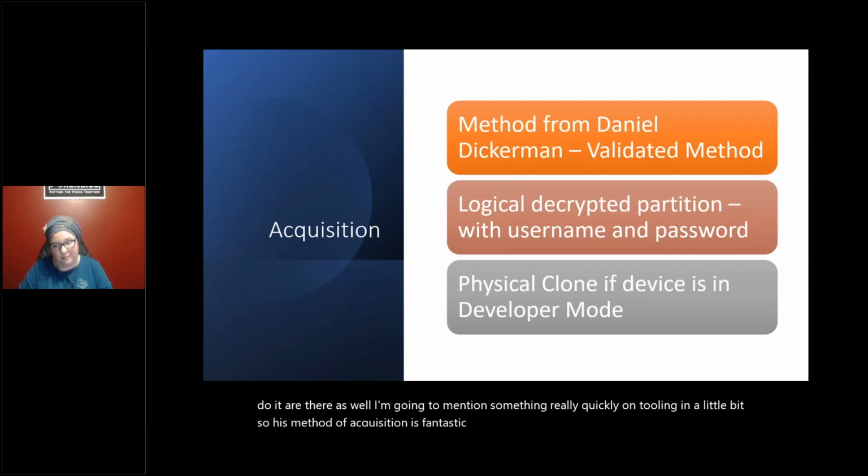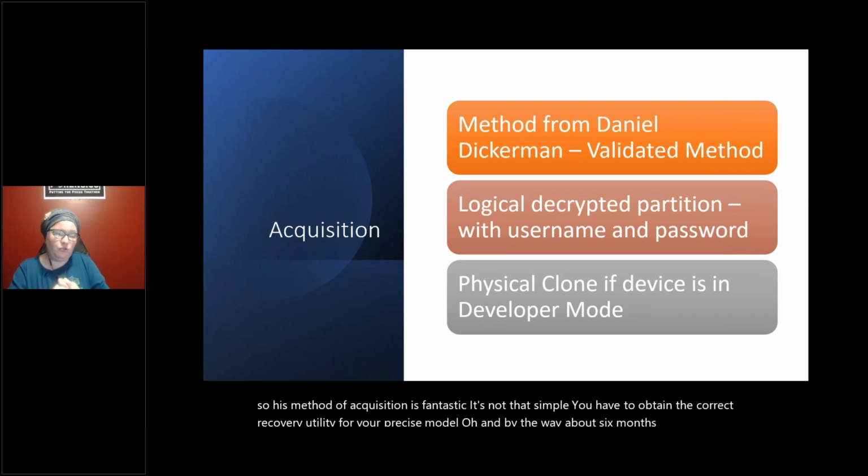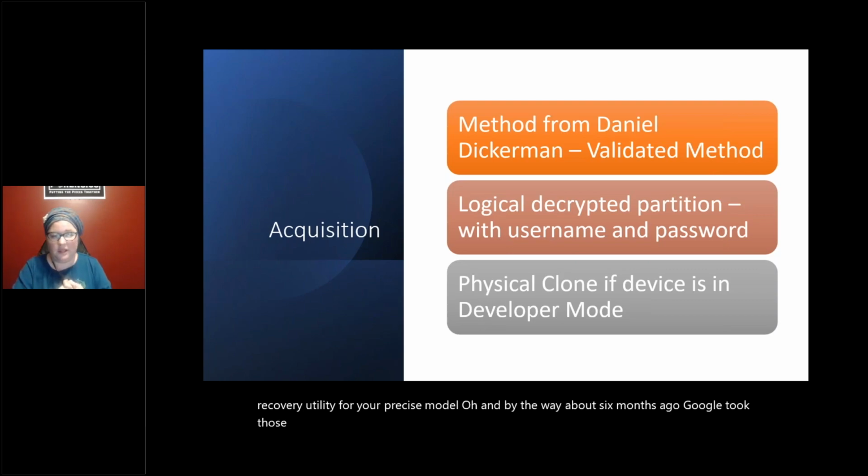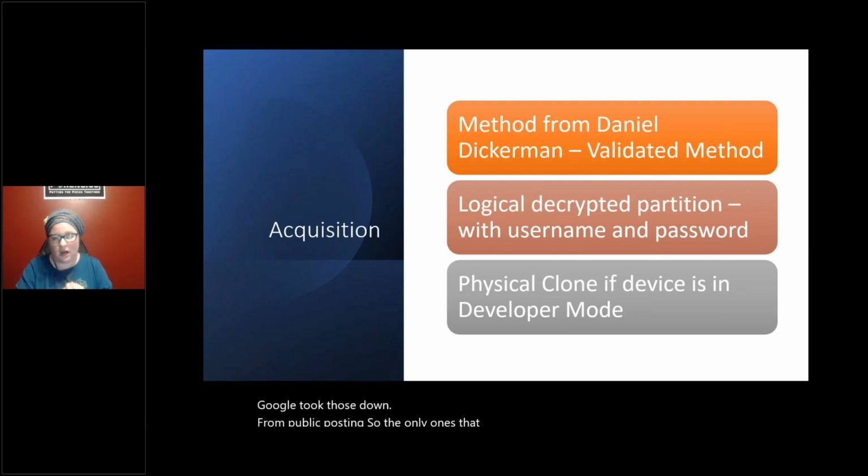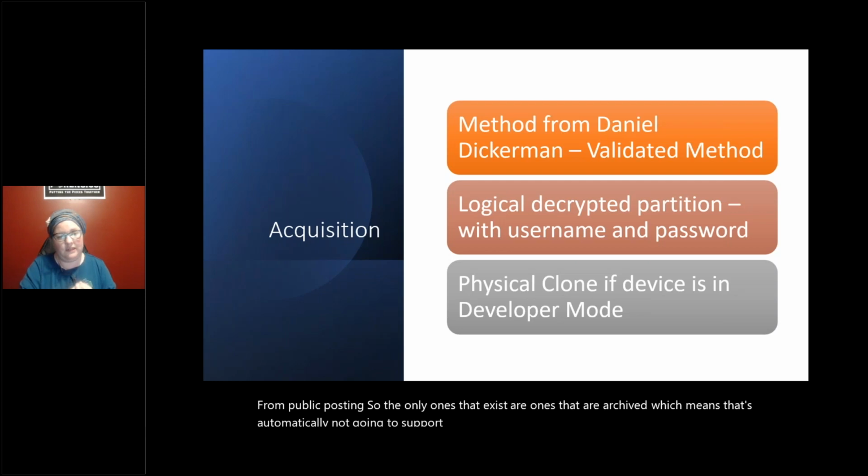It's not that simple. You have to obtain the correct recovery utility for your precise model. Oh, and by the way, about 6 months ago, Google took those down from public posting, so the only ones that exist are ones that are archived, which means that's automatically not going to support the newest devices that recoveries did not exist for.